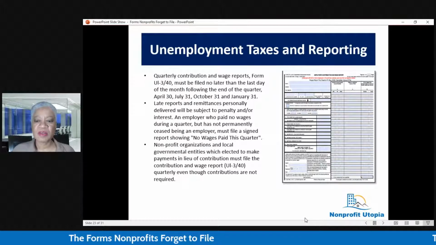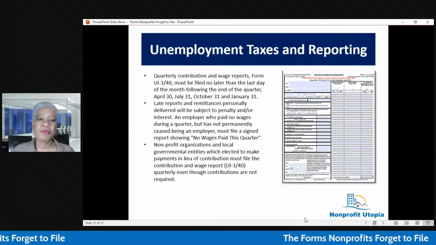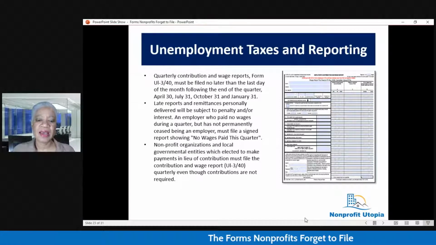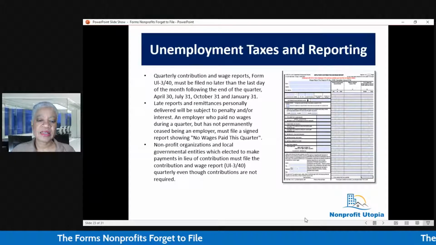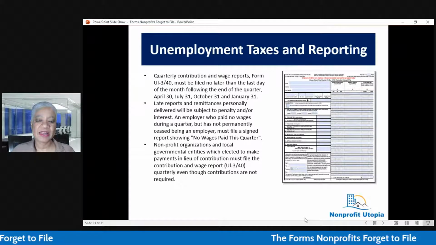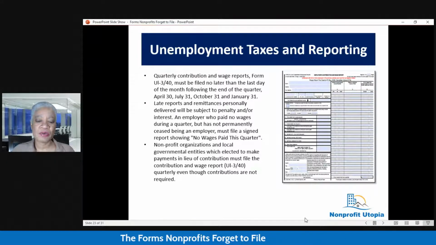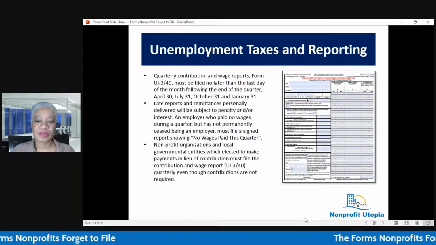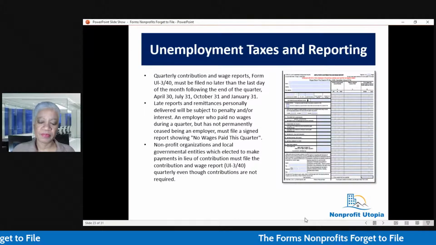Basically you're indicating who is on your payroll and how much you paid them. Nonprofit organizations and local government entities which elected to make payments in lieu of contribution must file the contribution and wage report quarterly, even though contributions are not required.